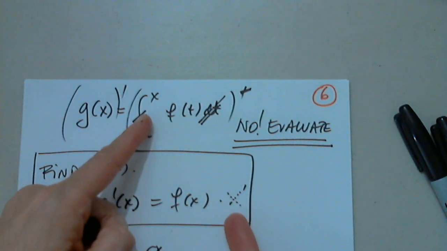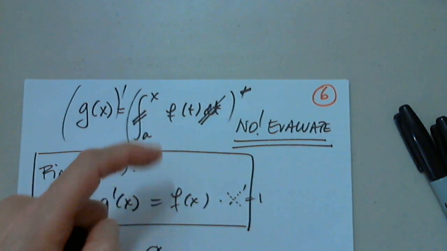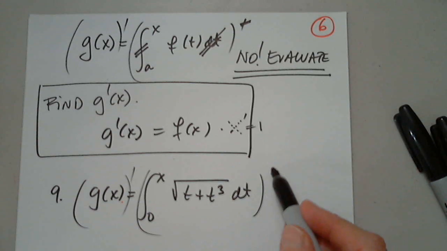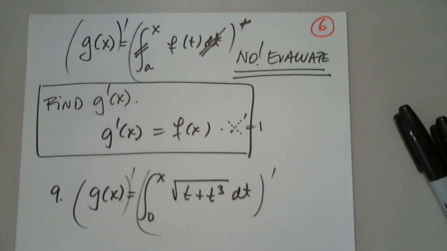But why didn't we write x prime? Is anyone with me? Because it's 1. So all we need to do is just differentiate.